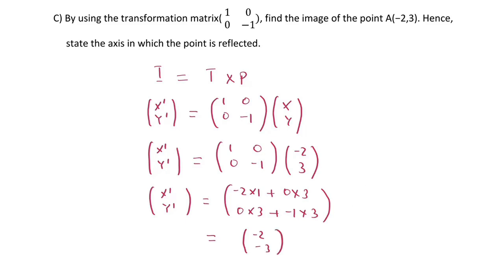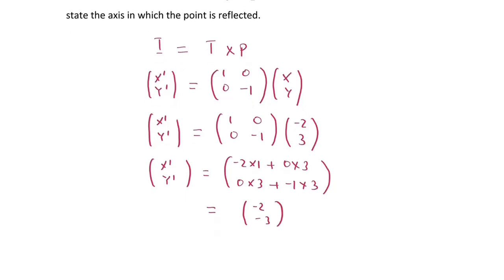And this is the image required. Okay, so looking at this one, we can say that since the image lies in the 4th quadrant, then the axis of reflection is y equals 0, that is the x-axis.